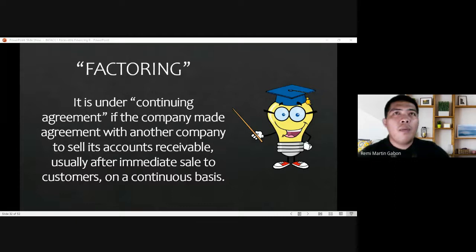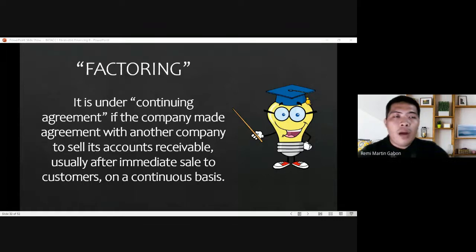Good accounts receivable may be past due, perhaps from 0 to 90 days. Above 90 days or above 120 days, that is already too doubtful. But for factoring under continuing agreement, it is usually immediately after sale.